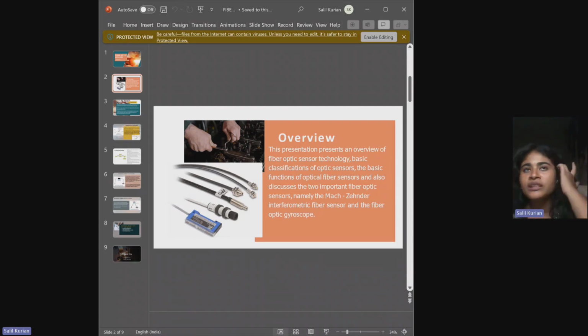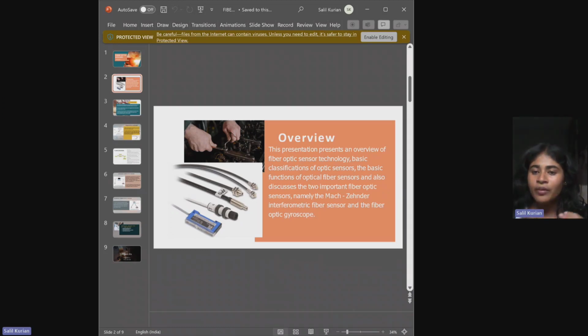His lab consists of so many fluorescent lights, that is, he is always completely in a glow, covered with lights. So we all know he's working with light, and he found the optical fiber sensor. In this fiber optic sensor, the main thing is we can transmit light over a long distance through wires or fibers. That is the main concept of this sensor.